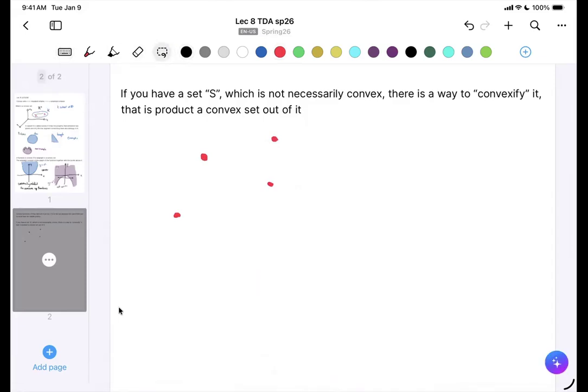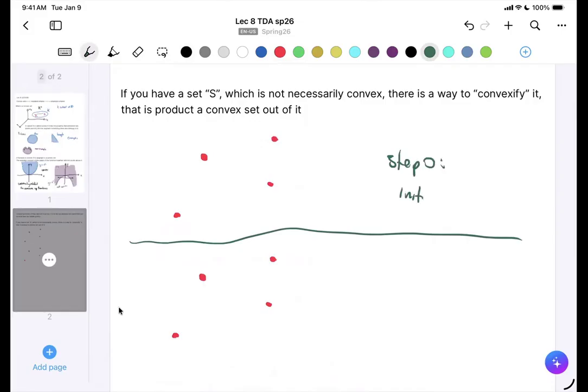I'll distinguish them: this is the initial stage of the set, step zero, meaning that you did nothing. This is the initial data.